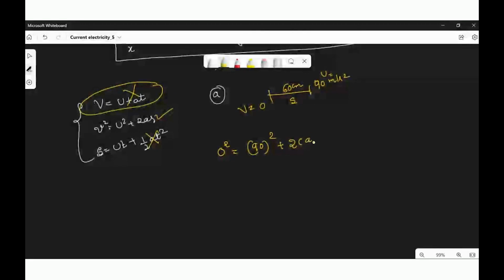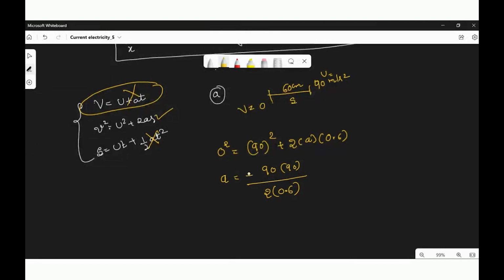So you can calculate a as minus 90 square divided by 2 into 0.6. If you simplify, you are going to get an answer like 6750.